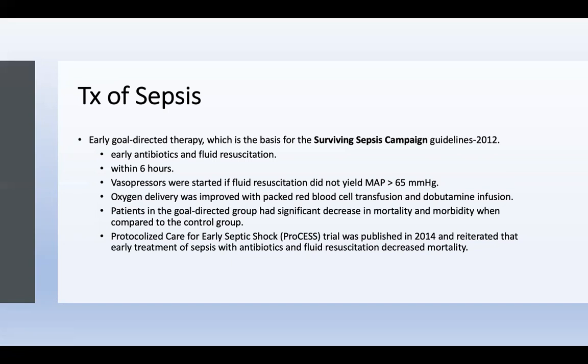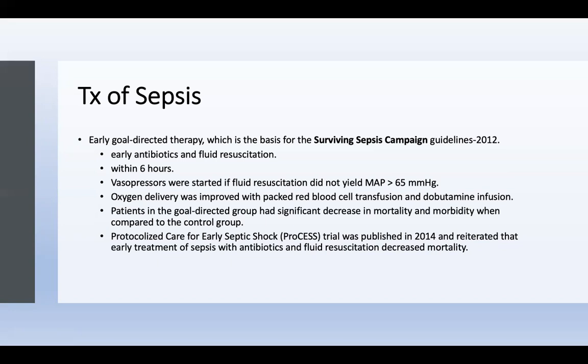And the whole idea is to get patients early and aggressive therapy. So within 6 hours, antibiotics and fluid resuscitation. And the fluid resuscitation can have very specific goals, be it old school with CVP, now it might be pulse pressure variation and urine output.